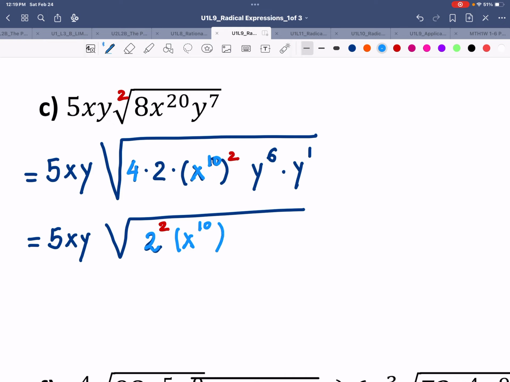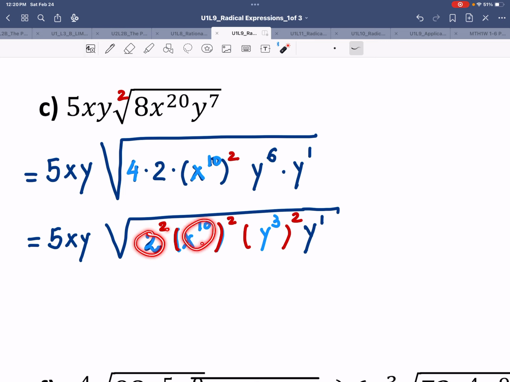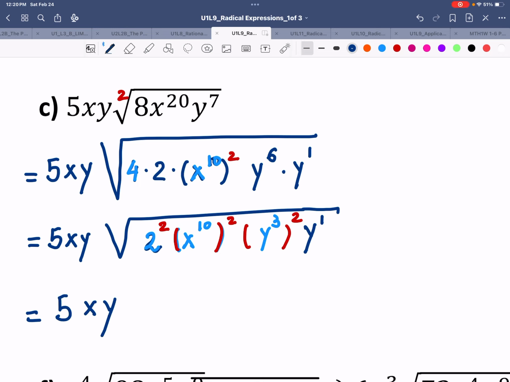And we have y to the power of 6, which will be a perfect square as well, with y to the power 3 as a base. And then we have y to the power of 1 here. So everything that is in the base of a perfect power can come outside of the root. So we have 5xy, and then multiplied by 2 is coming out, x to the 10 is coming out, y to the power 3 is coming out.